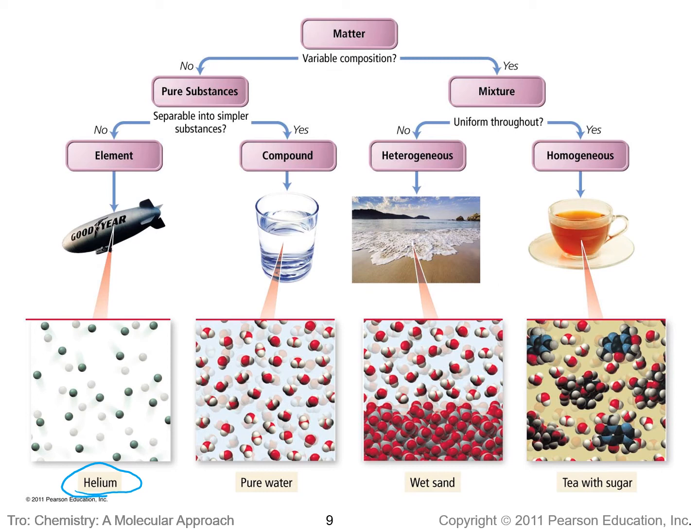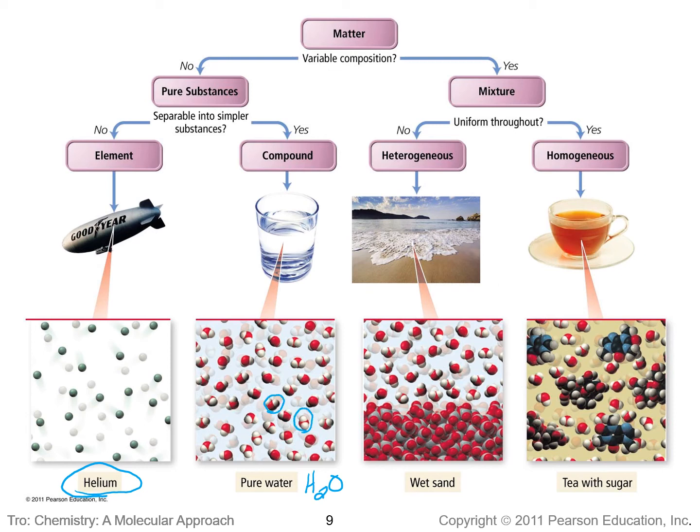If there is more than one atom attached to each other that are different than each other, so in an example of our pure water here, it is 2 hydrogen and 1 oxygen. So we have 2 different elements, and they are physically attached to each other with a bond.